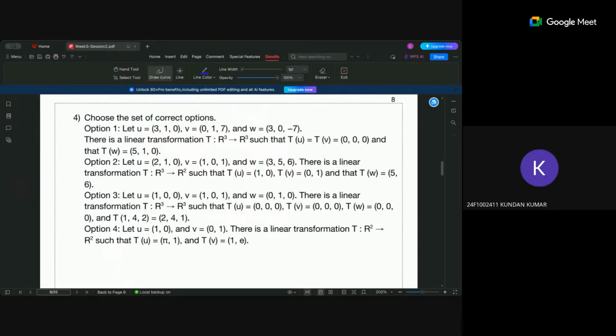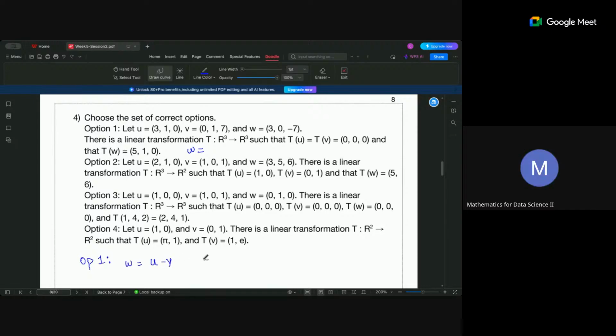They are a linear combination, linearly dependent. So w is equal to u minus v, right? Yes, w is u minus v.